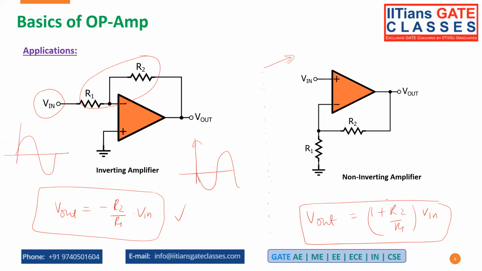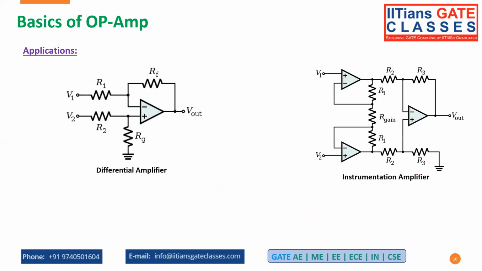There could be other applications like the differential amplifier and instrumentation amplifier. Here also you have to go and derive how this basic circuit is used and how the signal is transmitted to the output. So you have to study this also.